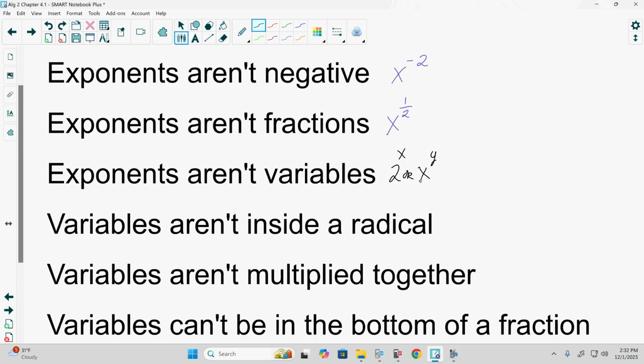We cannot have a variable in the exponent, be it a number as a base or a variable as a base. So we good with the first three?